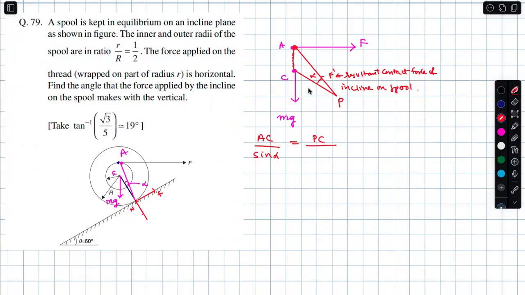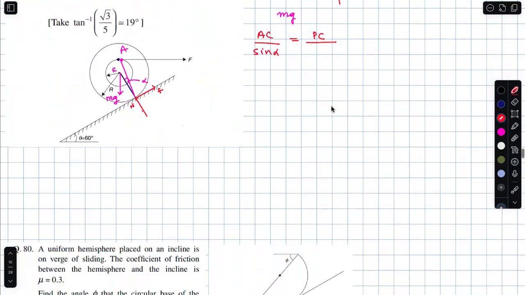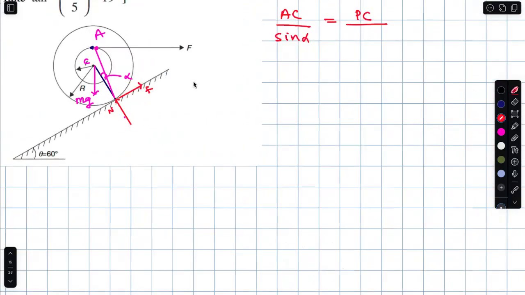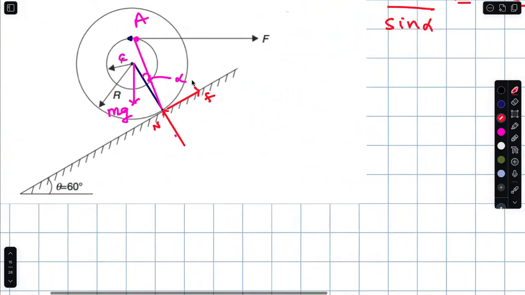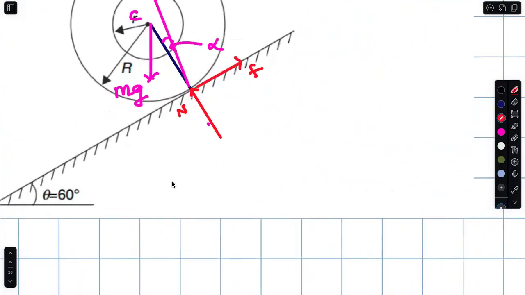PC means this distance. From the geometry point of view, you should allow me some observations. If this is 60, this is also 60, you know.